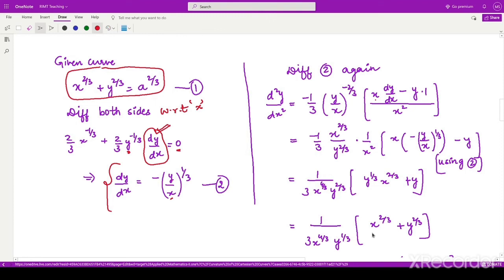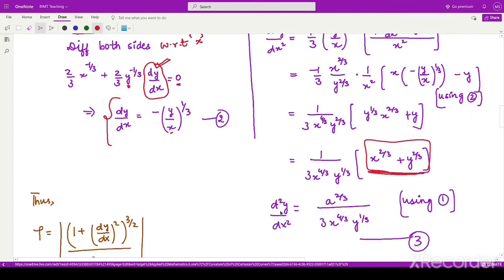So that means x to the power 2 by 3 plus y to the power 2 by 3. Now look at your given curve. This curve is given to be a to the power 2 by 3. So you can replace this whole quantity as a to the power 2 by 3 here. So finally your second derivative becomes a to the power 2 by 3 divided by this thing.